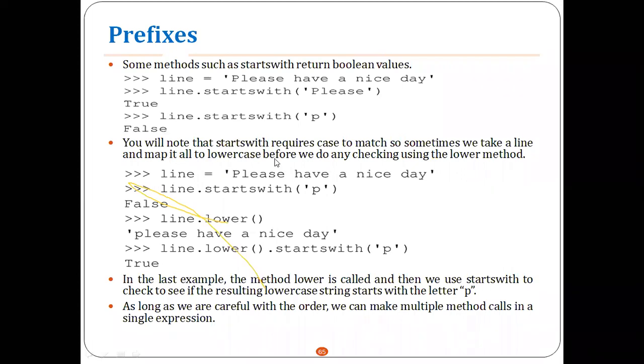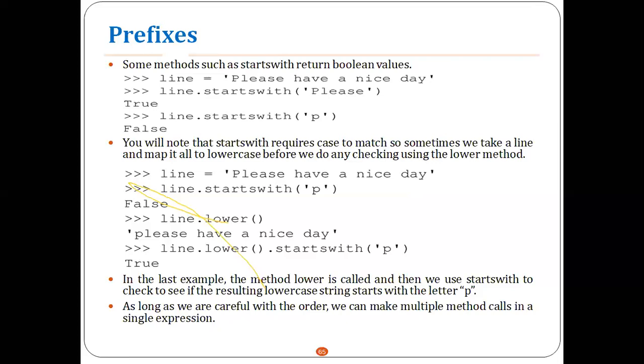You note that startswith requires case to match, so sometimes we take a line and map it all to lowercase before we do any checking using lowercase letters, right? Before applying startswith, I'm converting each and every character by applying the lower function.